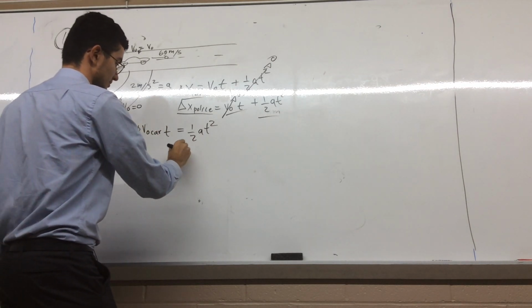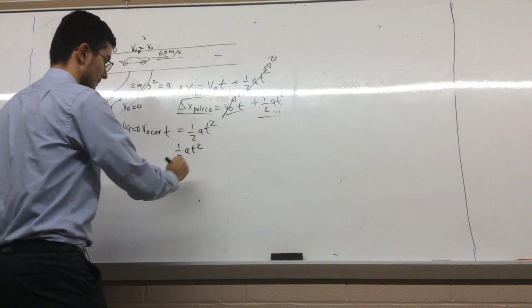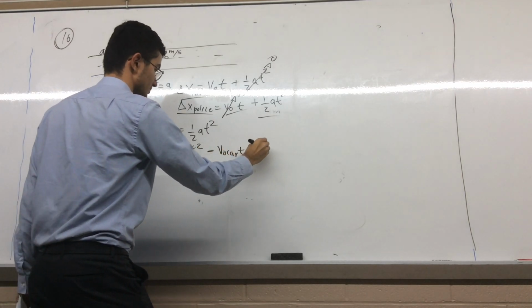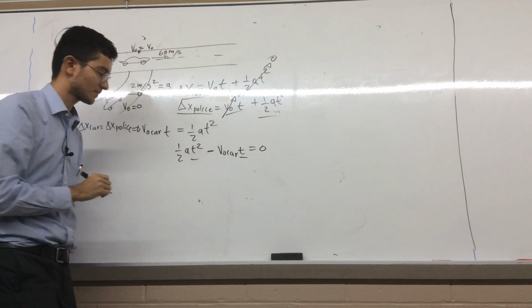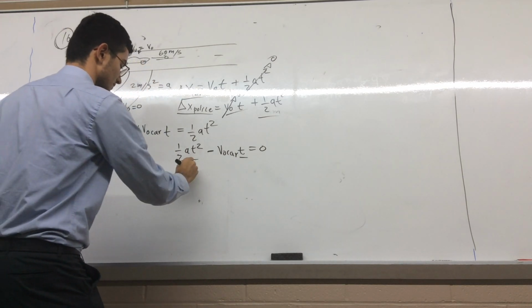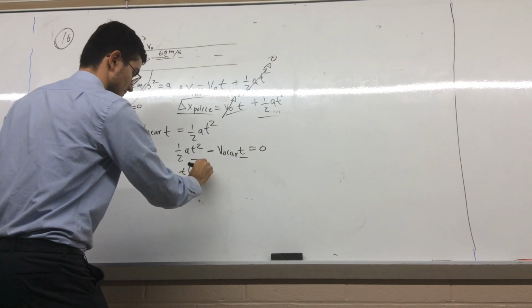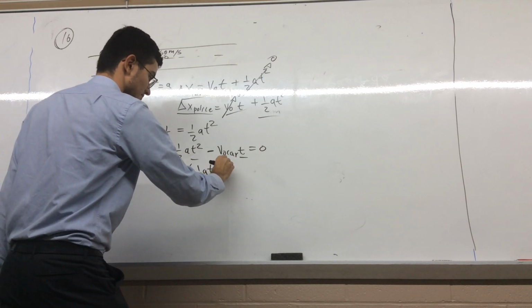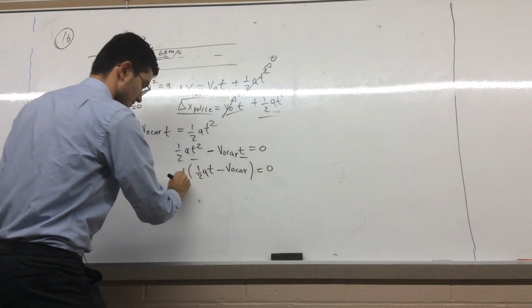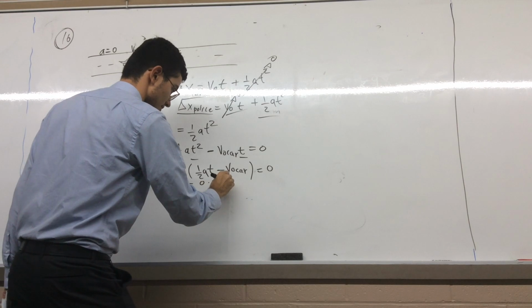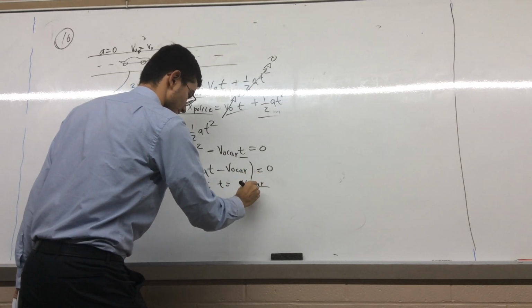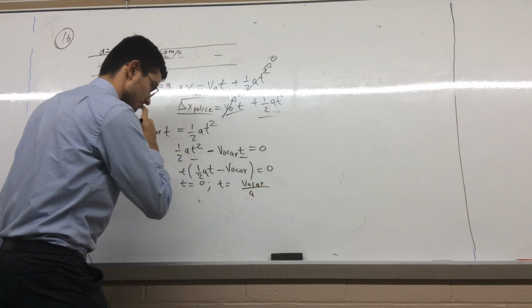We just have to bring this term to the other side. So we're going to have 1/2 a t squared minus V0 of the car times t equals 0. We factor out a t, so we get t times (1/2 a t minus V0 of the car). And we know that t equals 0, and t is equal to 2 V0 of the car divided by a.